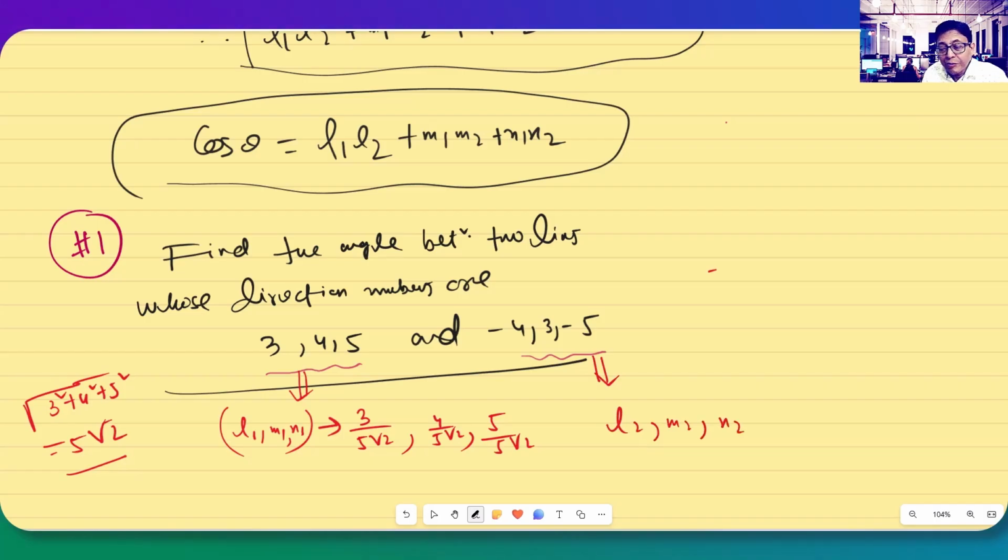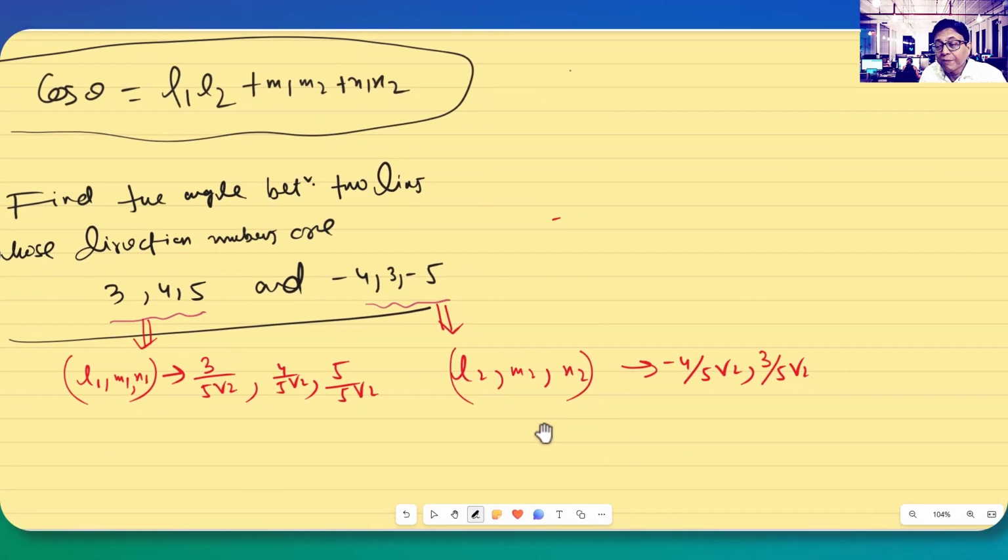L2, M2, N2 here. This is going to be minus 4 by 5 root 2, 3 by 5 root 2 and minus 5 by 5 root 2. Clear? Same way. Because minus 4 square, 3 square, minus 5 square will give you the same result. That is 50, square root I have taken. Now cos theta is what?